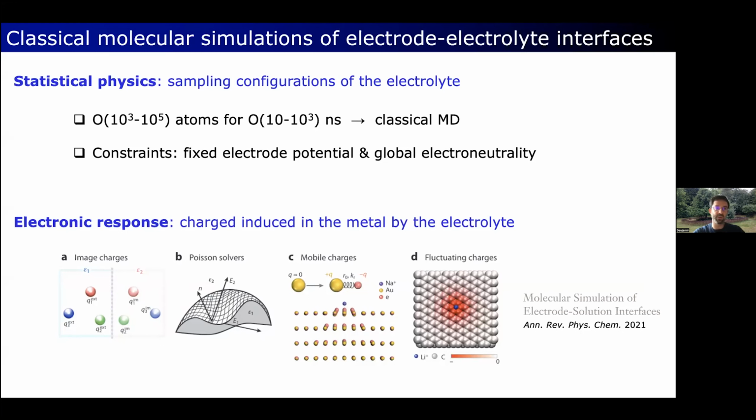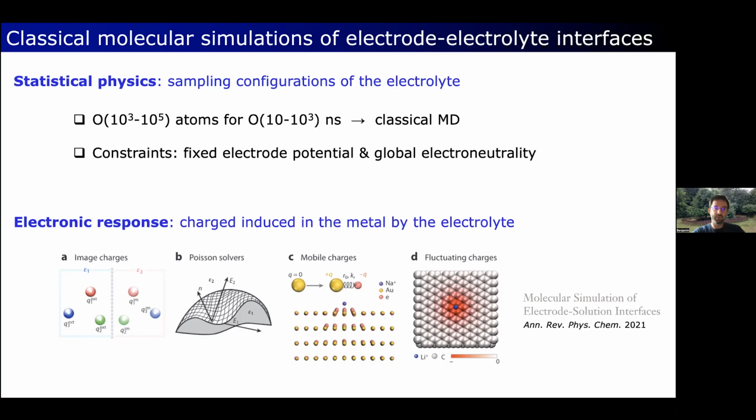And you need to sample the configurations of the electrolyte that correspond to the constraints that the system you are considering has to satisfy. So for example, you want a constant temperature as usual when you're trying to model an experimental system. It's usually not a fixed energy, but a fixed temperature.